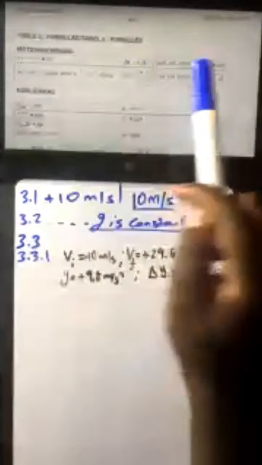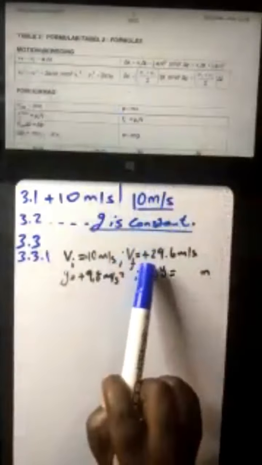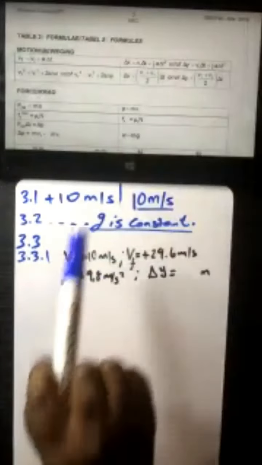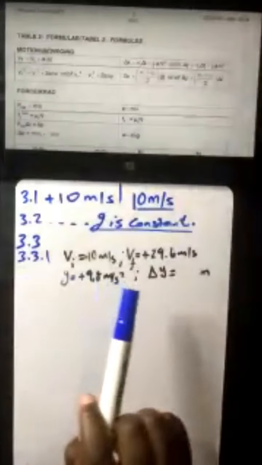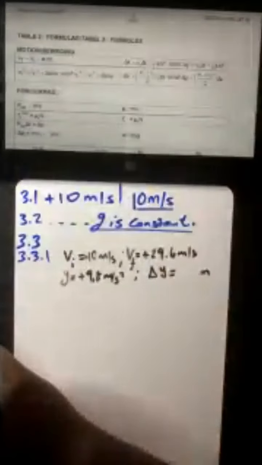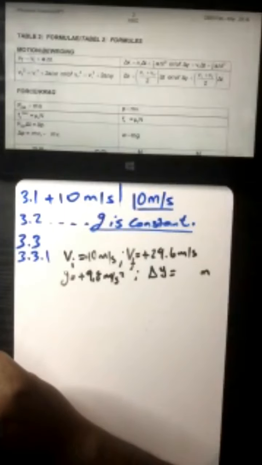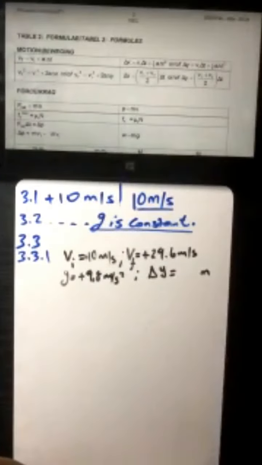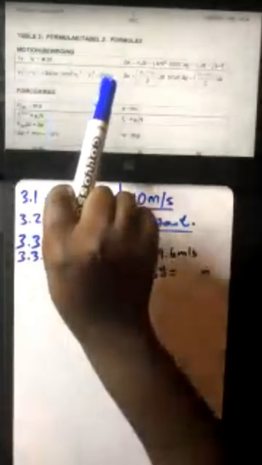So ladies and gentlemen, let's check. We've got V final there, yes. We've got V initial there, yes. We've got acceleration there. They've just decided to write it as acceleration, but we know that A represents acceleration, which for up and down objects we refer to as G. So there we've got G, and we still have delta y, which means we can still use this formula.